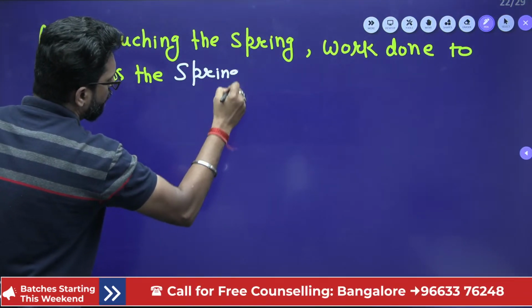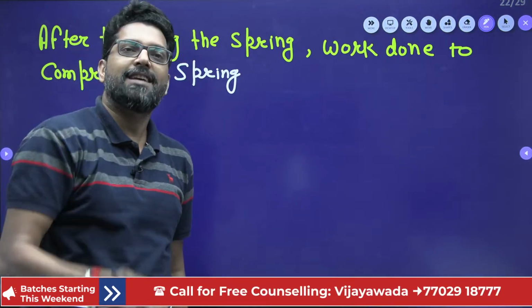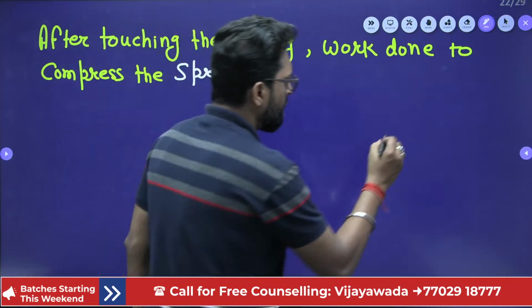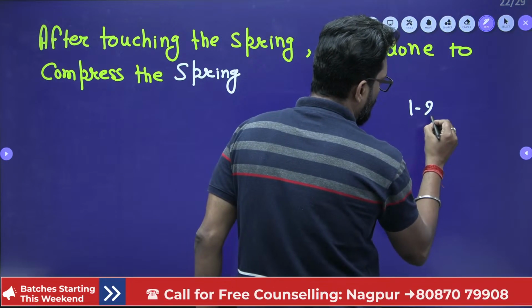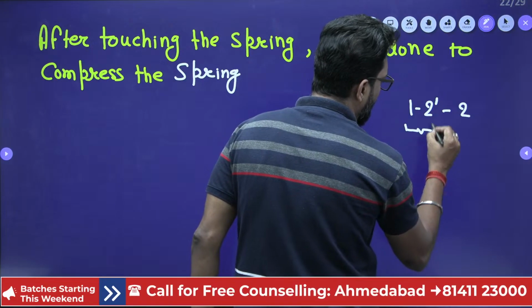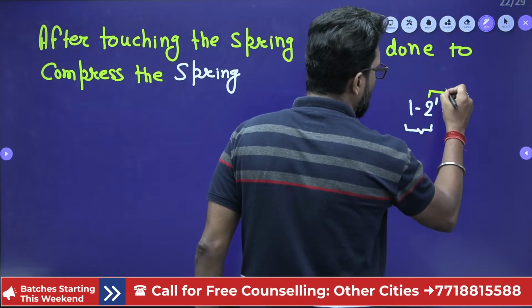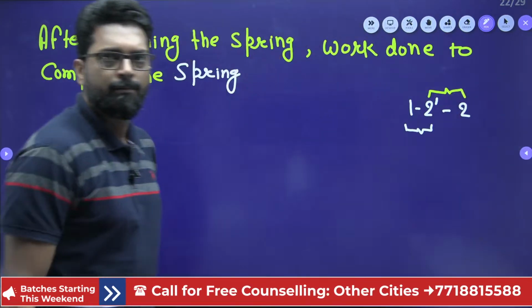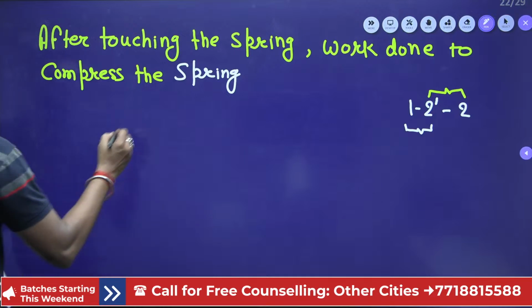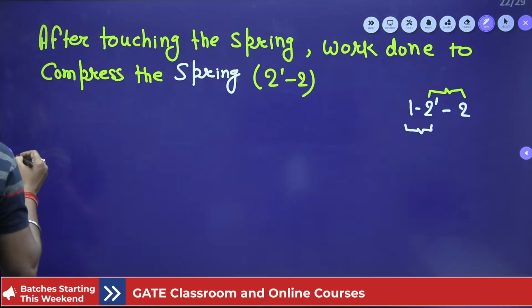That means we have to find what work is required to compress the spring after touching. Why? Because for 1 to 2 dash there is an expansion at equilibrium, but for 2 dash to 2 there is a compression of the spring. So what is the process?